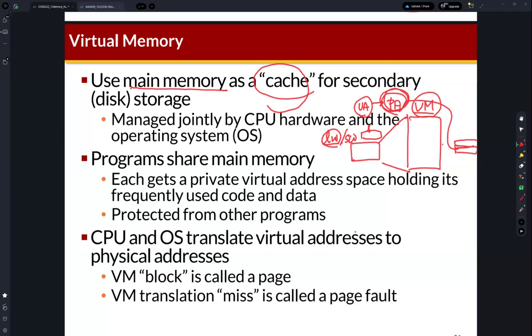I also mentioned that currently the size of main memory is very large, but virtual memory is a very convenient concept for programmers. Programmers do not need to consider the configuration of the real physical memory or the real computer system.